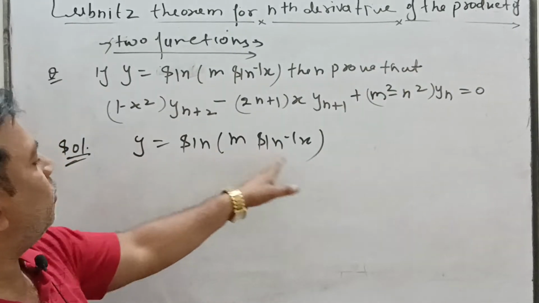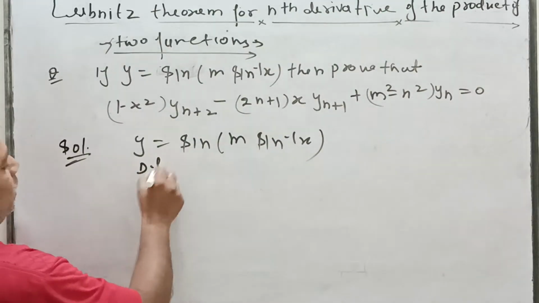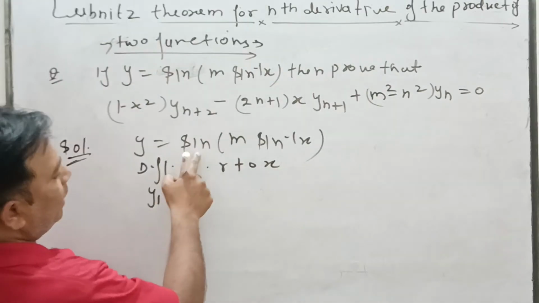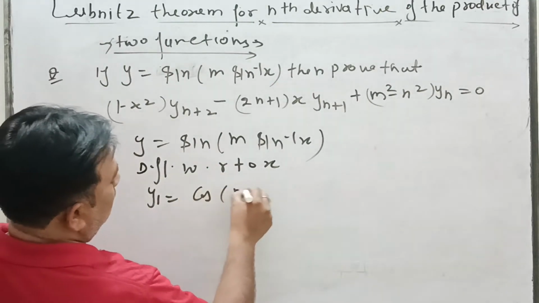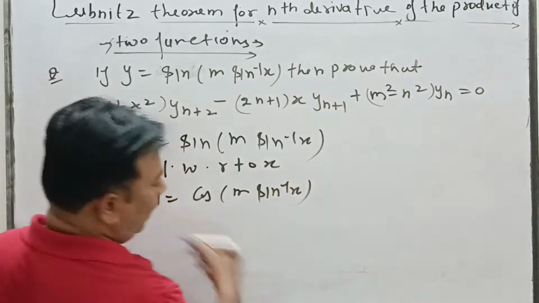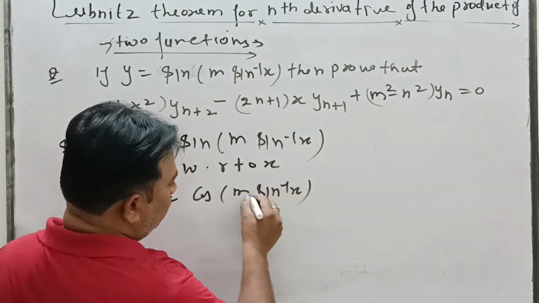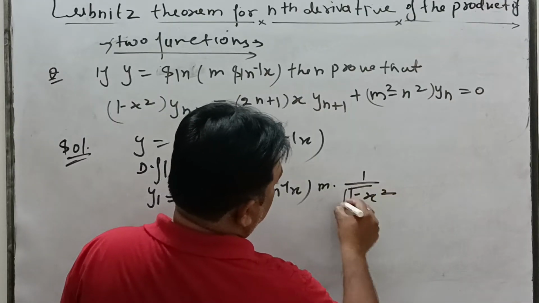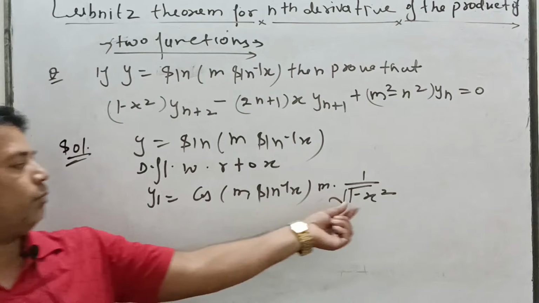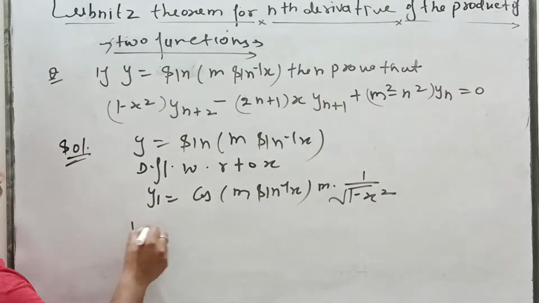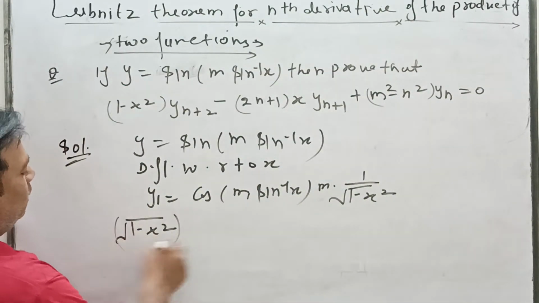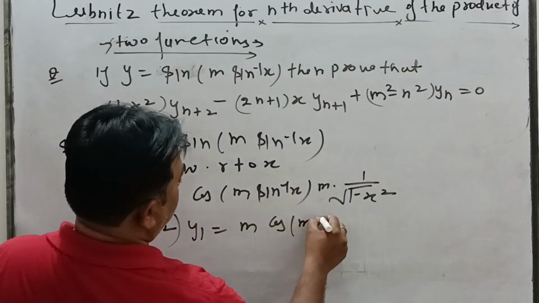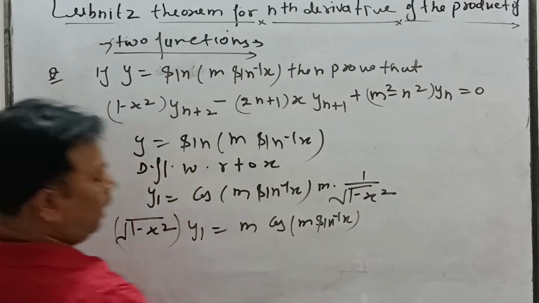So we differentiate this function with respect to x. Then y1 equals cos(m sin inverse x), and the derivative of m sin inverse x is m times 1 upon the root of 1 minus x square. Taking this out, y1 times root of 1 minus x square equals m cos(m sin inverse of x).